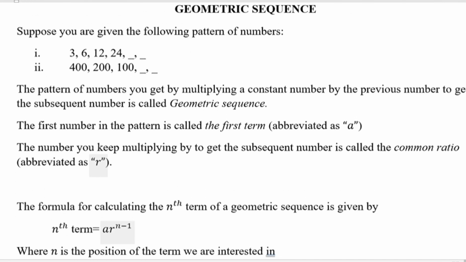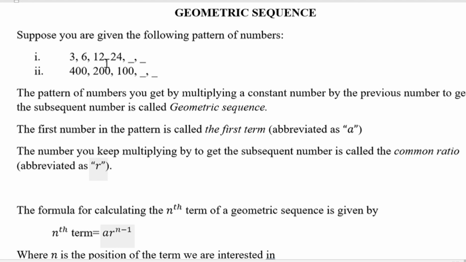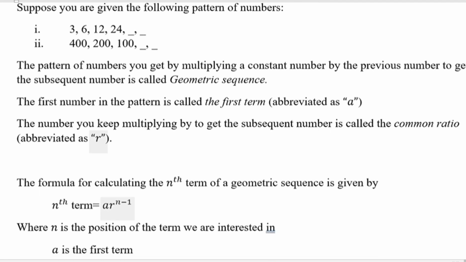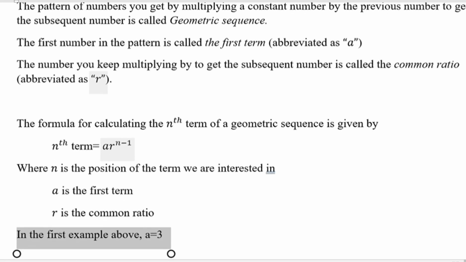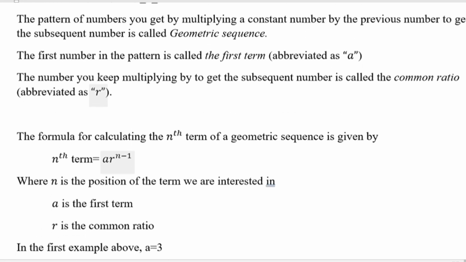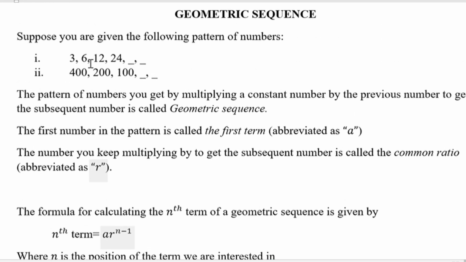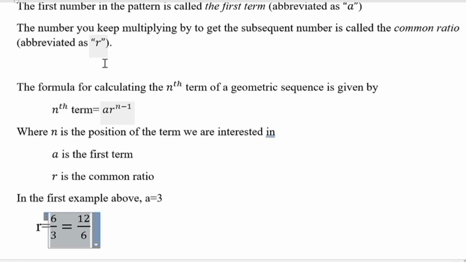So if we concentrate on the first example here, you realize that our first term a is 3, and the common ratio can be calculated by taking a term divided by the preceding term, meaning 6 divided by 3, or 12 divided by 6, or 24 divided by 12, and that will give you 2.